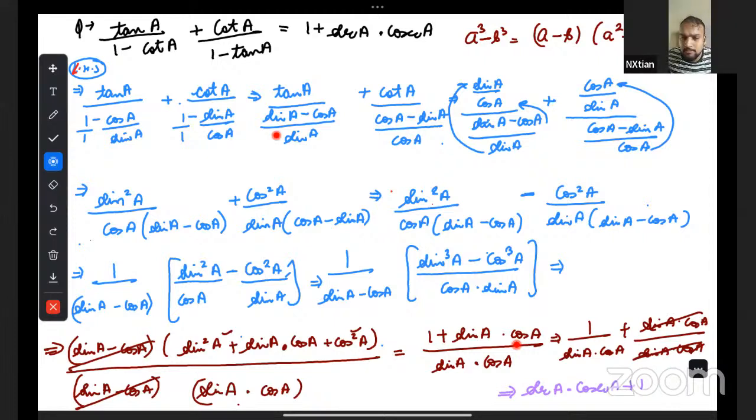Hannah, were you struggling? I can't remember the last part, so I looked there. When you divided the 1 plus 1 upon sine into cos a plus the other part that you cancel out, that part I'm looking at, and the rest I wrote.